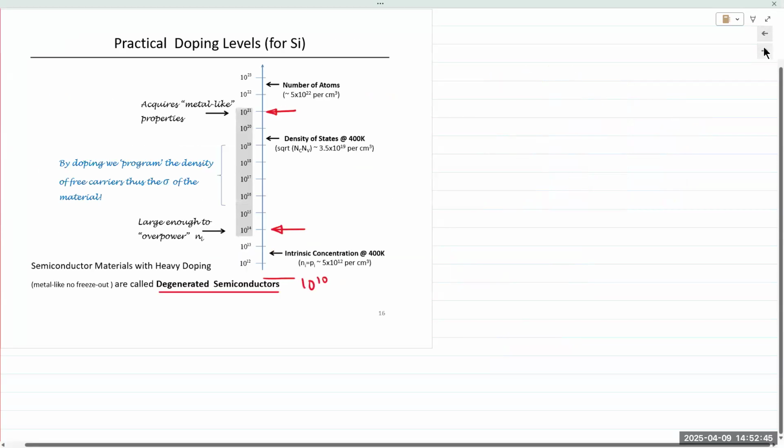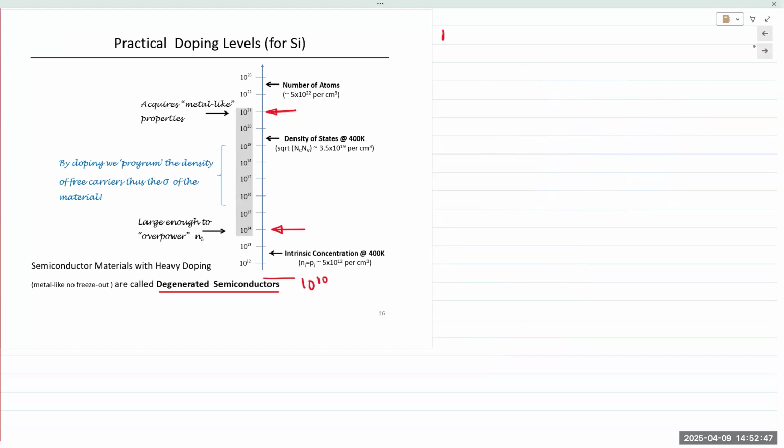Let me do this. I'll do it here. Homework 1. This was question 1, 2, 3, right? At the top of the question, the charge neutrality equation was given.